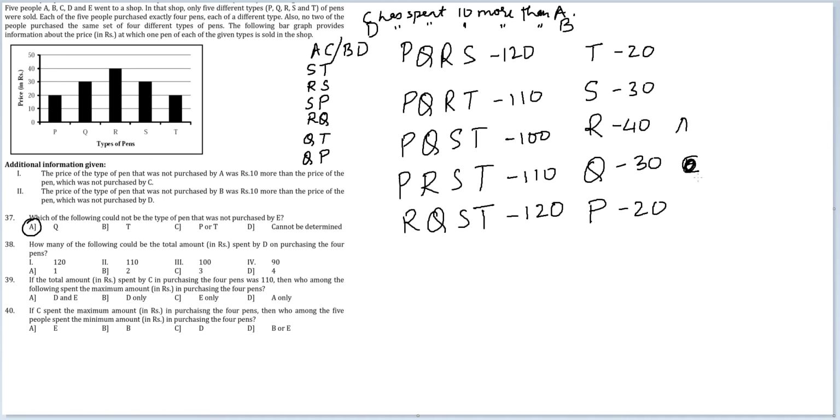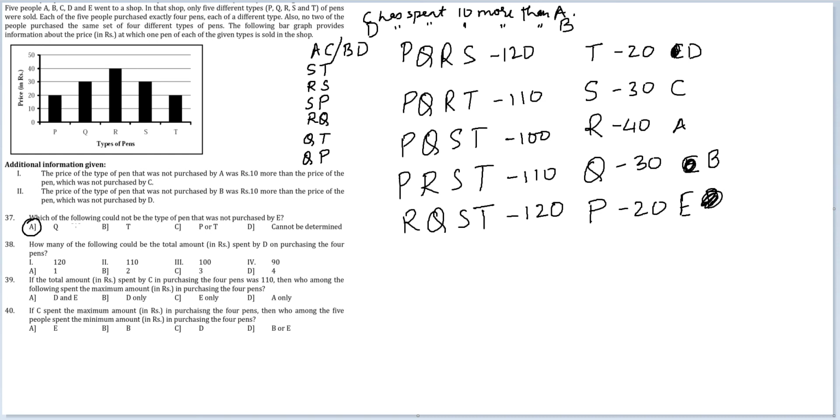E is here, A here, and C here, and then B here and D here. Yes, E can buy T. If E can buy T, can you also see T is identical to pen B? So E and D, if I turn it around, I can get E here, I can get D here. So this is also an acceptable case.